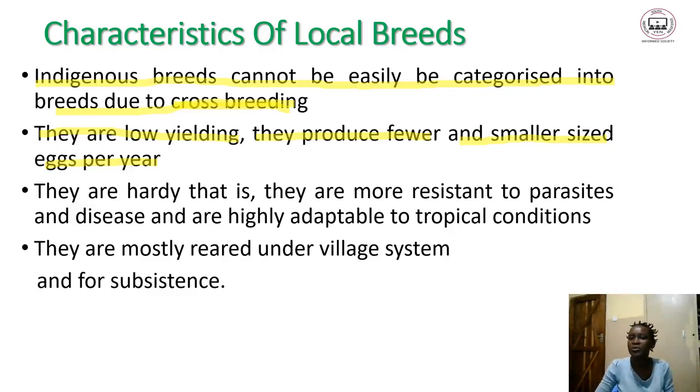In the local breeds, we can get both meat as well as eggs, so most of the times it will compromise yield. So they are low yielding.